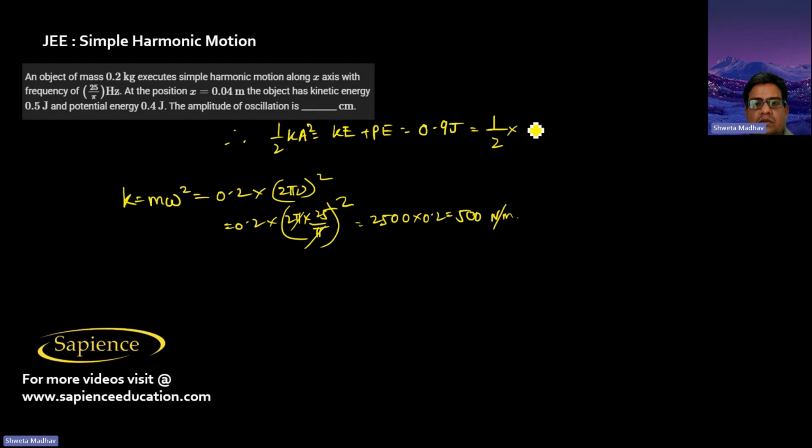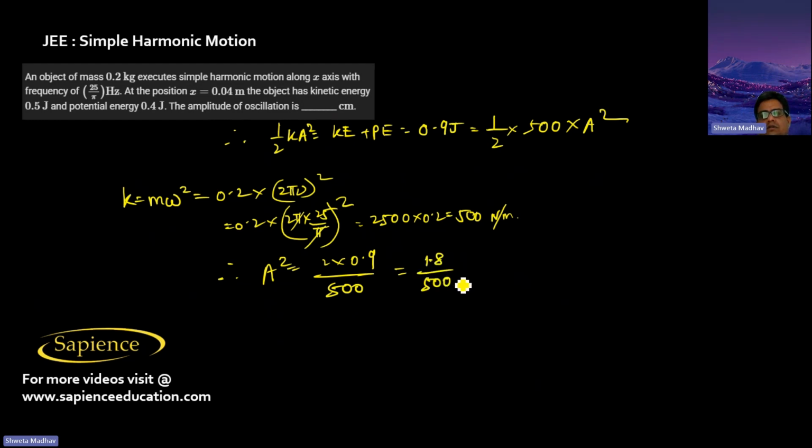So a square will be equal to 2 into 0.9 divided by 500, which is 1.8 divided by 500.